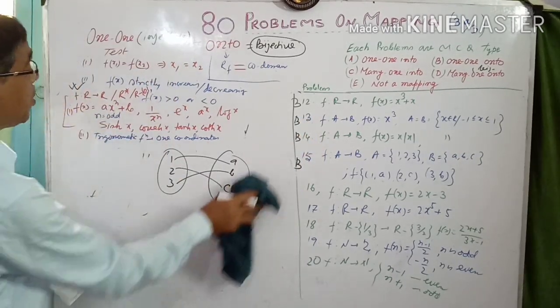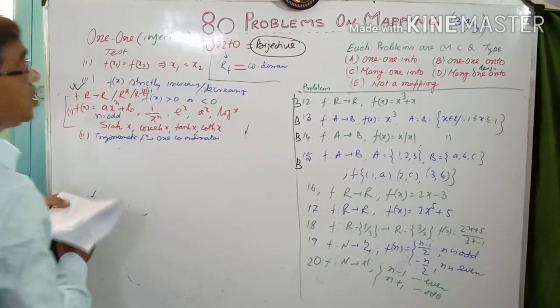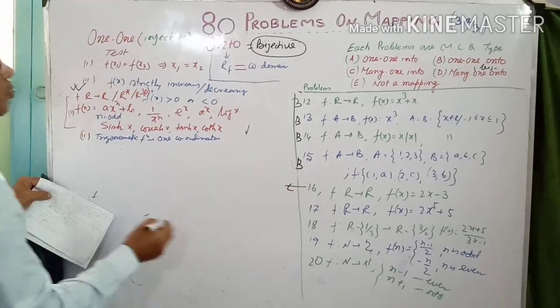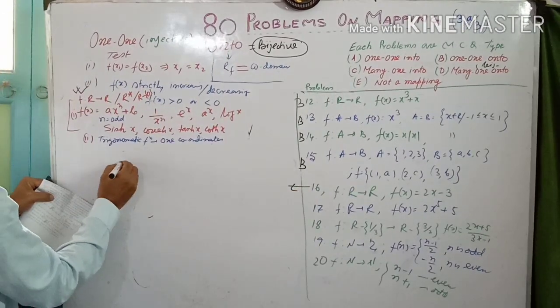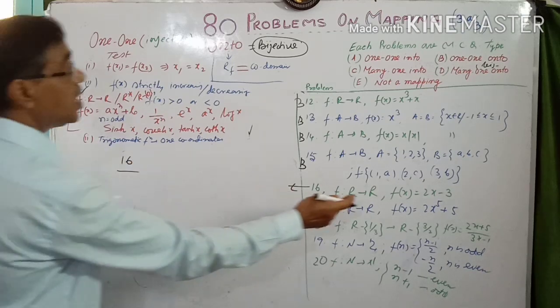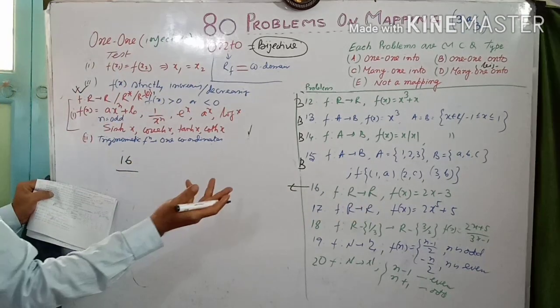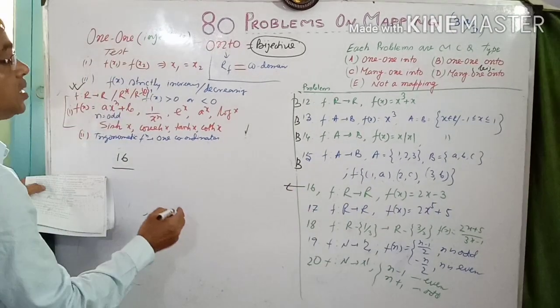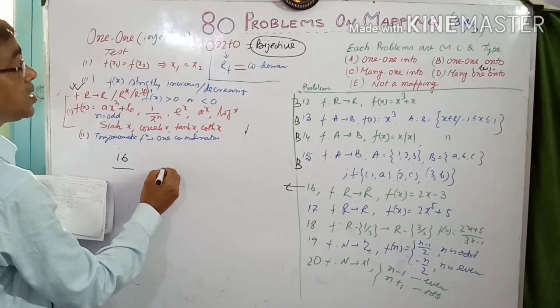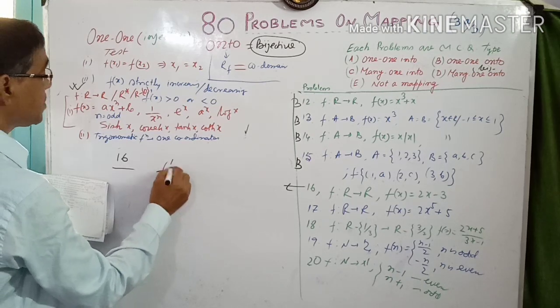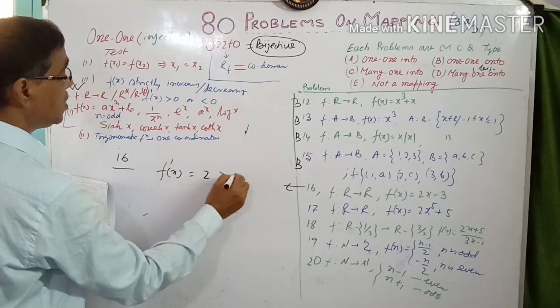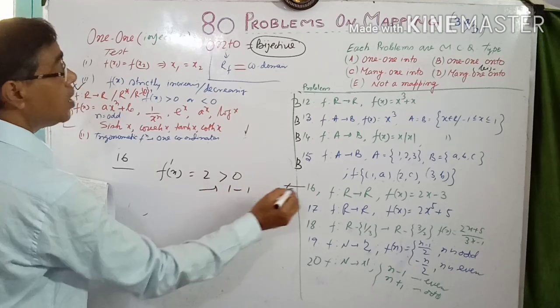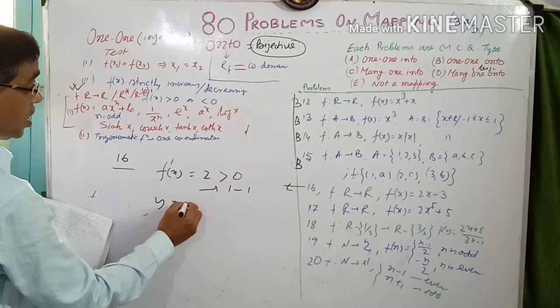Now coming to problem 16, which is solved in all the books on mapping. Problem 16 is a straight line, so it is an increasing curve and also a mapping. For f dash x equal to 2, which is greater than 0, it is one-one.